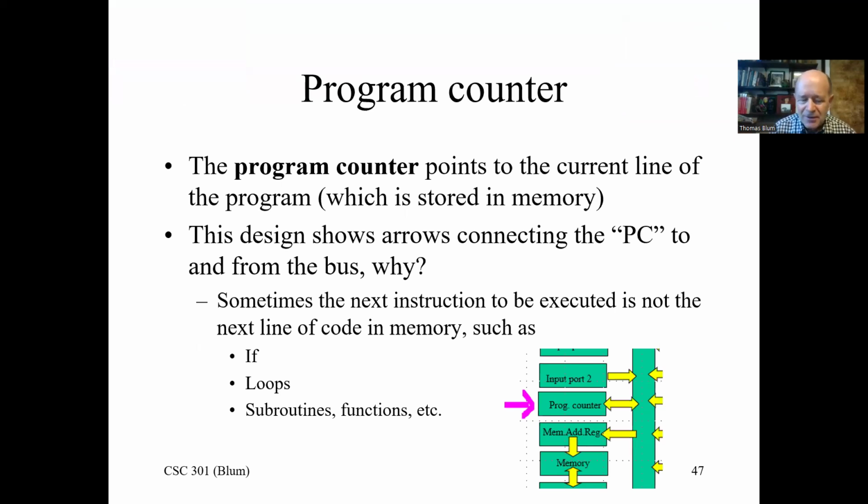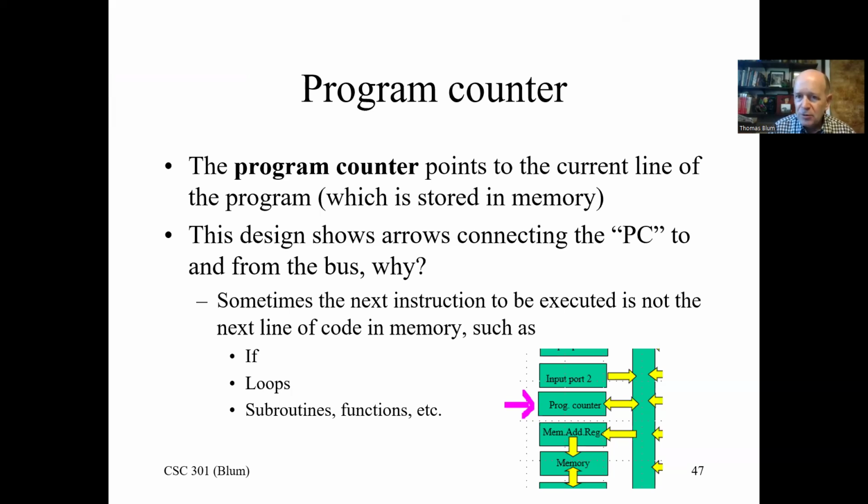Next on our dive through this design is the program counter. It's going to tell us our next line of code or the current line of code and then set us up for the next line of code. So in the stored program concept, we have in memory our instructions and data, and they're sort of mixed together.